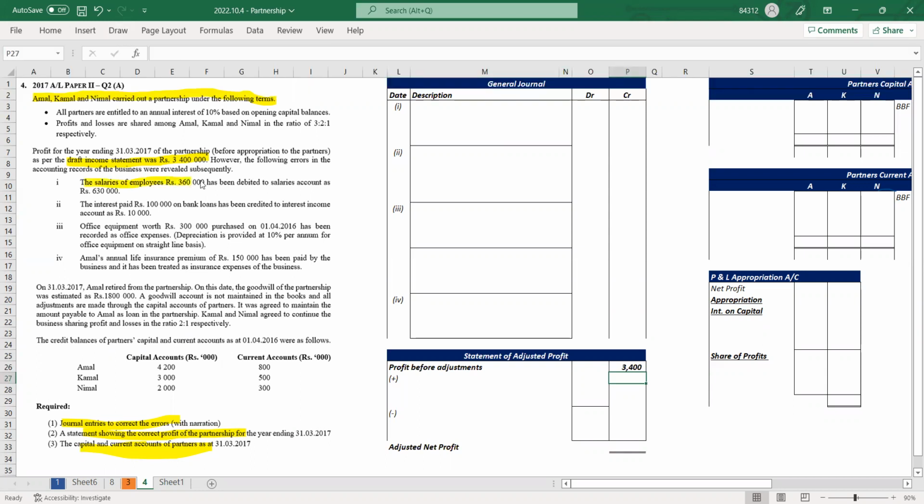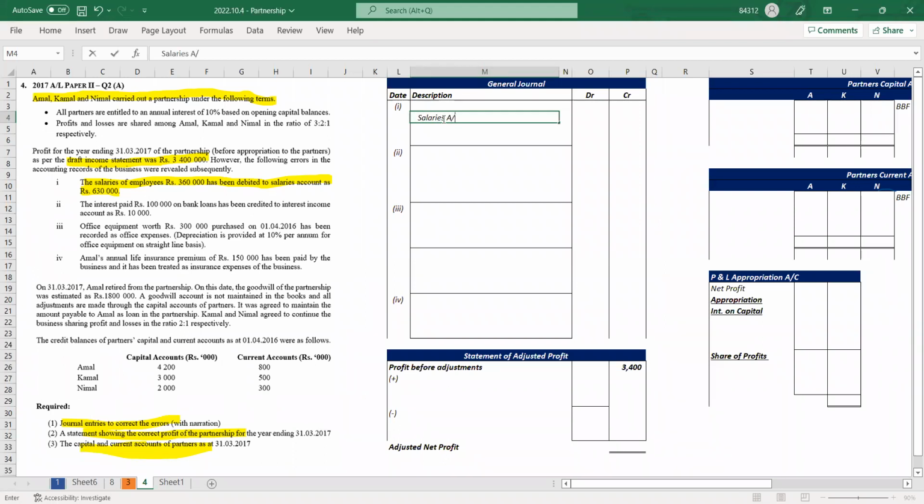Salaries of employees 360 has been debited to salaries account as 630. So this is an error only in the salaries account. Then what you do? Debited more. 360 debited 630. So we have to credit the salaries account.